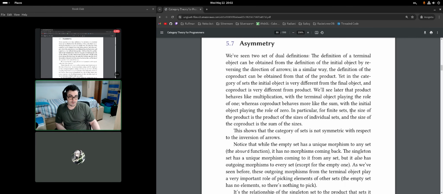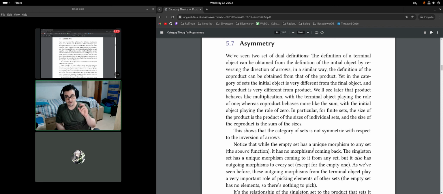As an example, he used the size of finite sets. In the case of finite sets, the size of the product is the product of the sizes of the individual sets, and the size of the co-product is the sum of the sizes. If you're having trouble understanding what this means, it basically means that if you have an Either, I'm going to use the same example that you told me, Marinho.